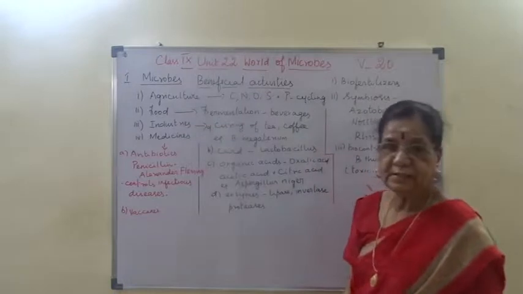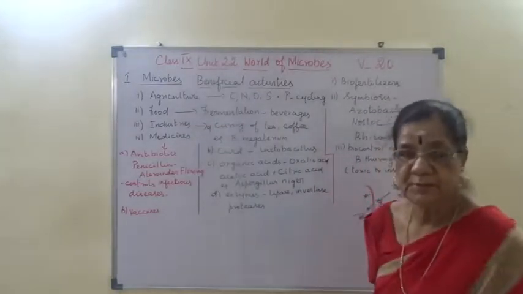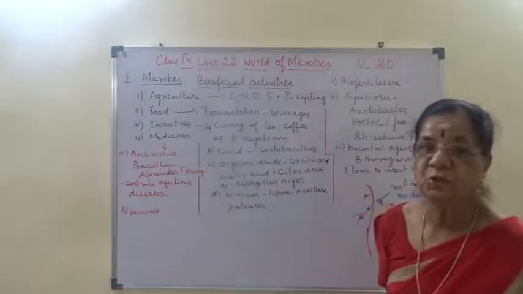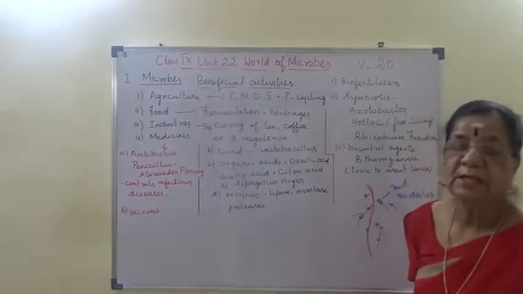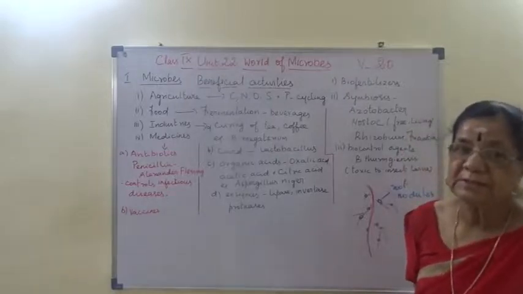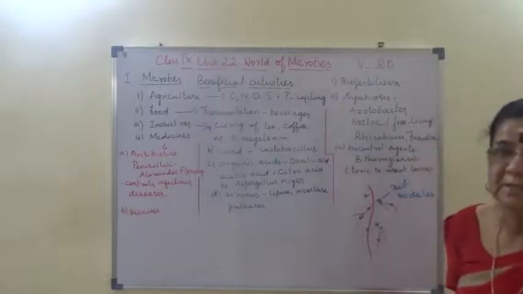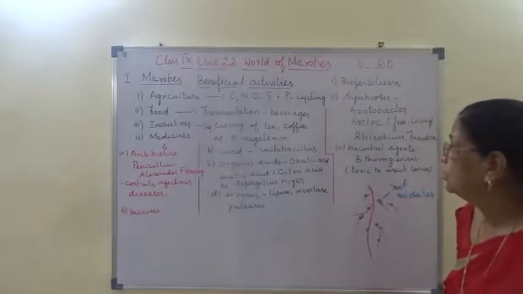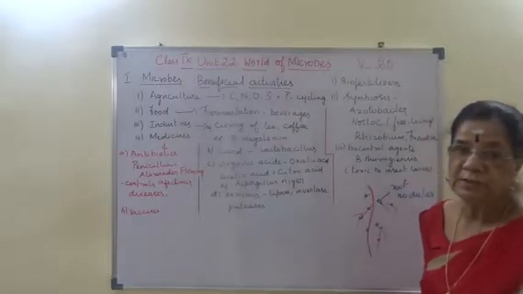It is mainly preservation of beverage. Food preservation and it is a fermentation process. The food fermentation processes are mainly in the industries. First, curing of coffee, tea and tobacco leaves.